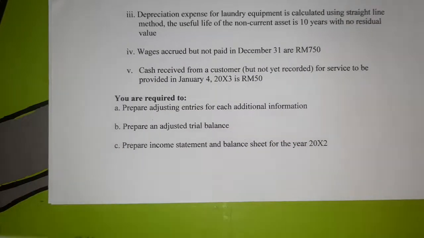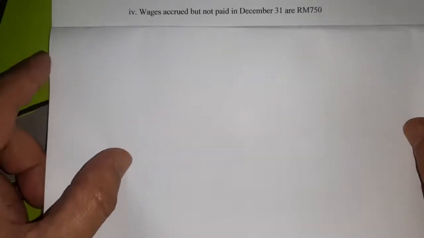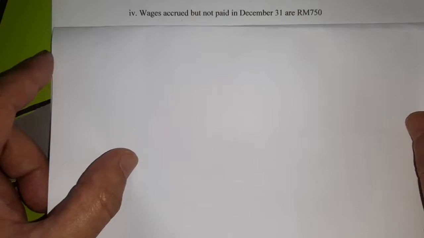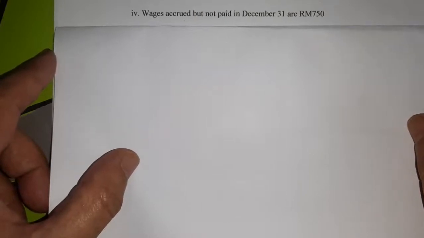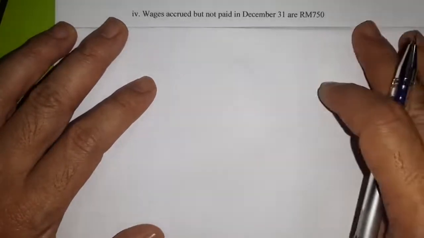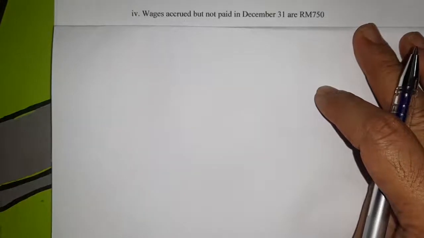Okay, now we see the information number 4. Information number 4 is wages accrued but not paid on December 31st are 750. So remember, the purpose of doing adjusting entries is to follow the matching principle. You have to make sure that an expense related to one accounting period is recorded in that accounting period.